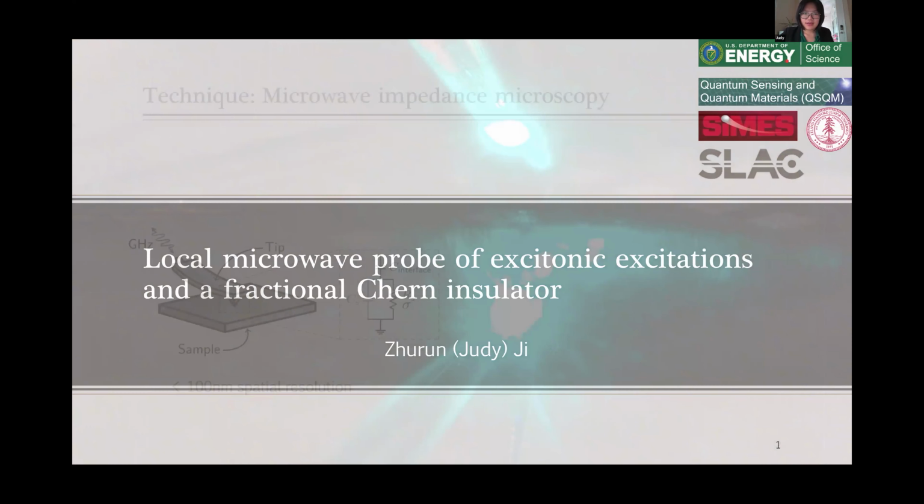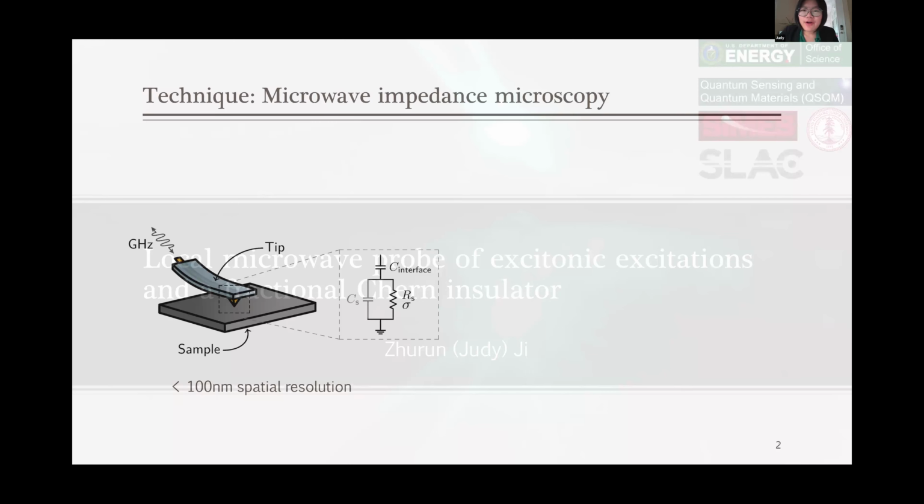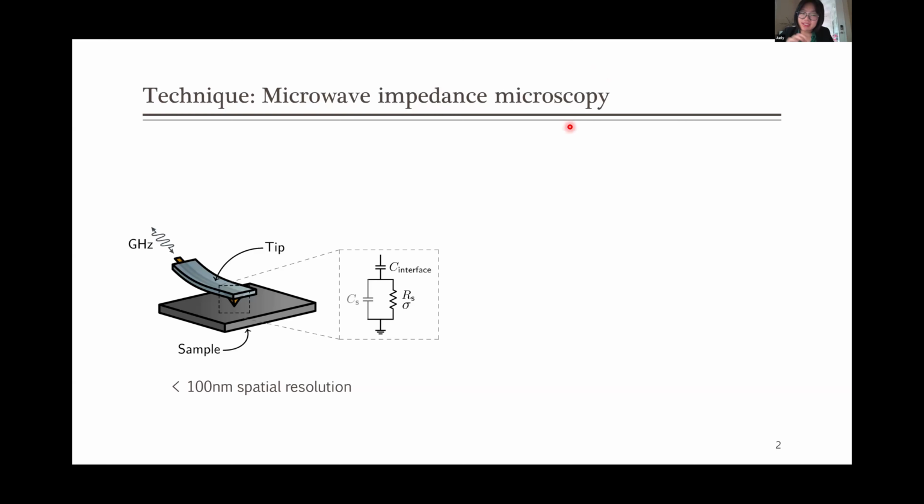Before I start going into the material systems that we probe, let me first introduce you a bit of our technique. The technique is called microwave impedance microscopy. And from its name, it's microwave coming in onto a metallic tip.